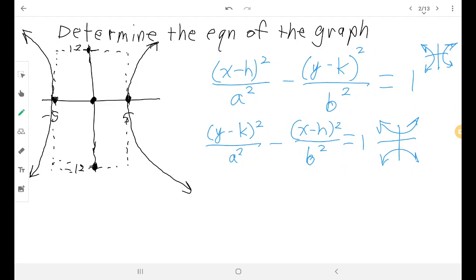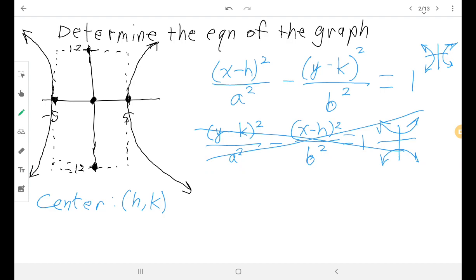And so we know from looking at this that we're going to be using this version in this one. So for the moment, we're going to ignore that one until we need it. And the other thing we want to note is that for these hyperbolas, the center is always at (h, k), just like circles, just like all the other conic sections.